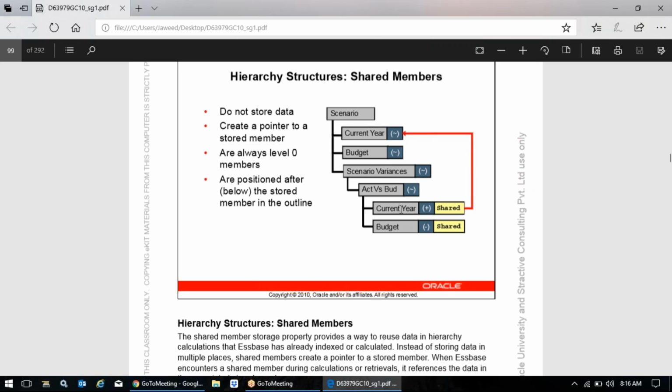So this is a shared member, current year, let's say. This is duplicate, right? There is a current year in scenario, and then there is a current year in actual versus budget. Now they are reusing it. So they're creating current year, marking it as shared, and then you map it with the current year, which is already in the hierarchy, in the same dimension.